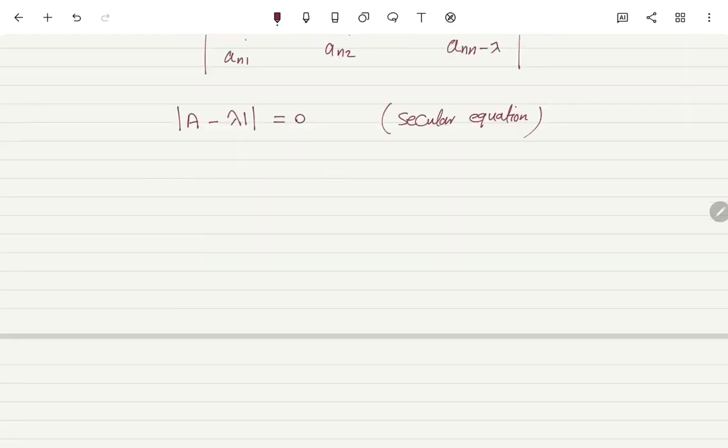To understand this very well, let's have this example.